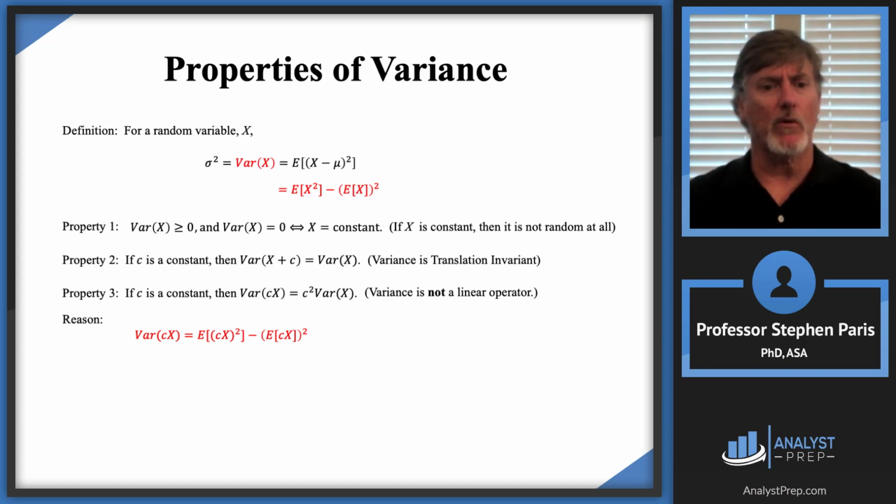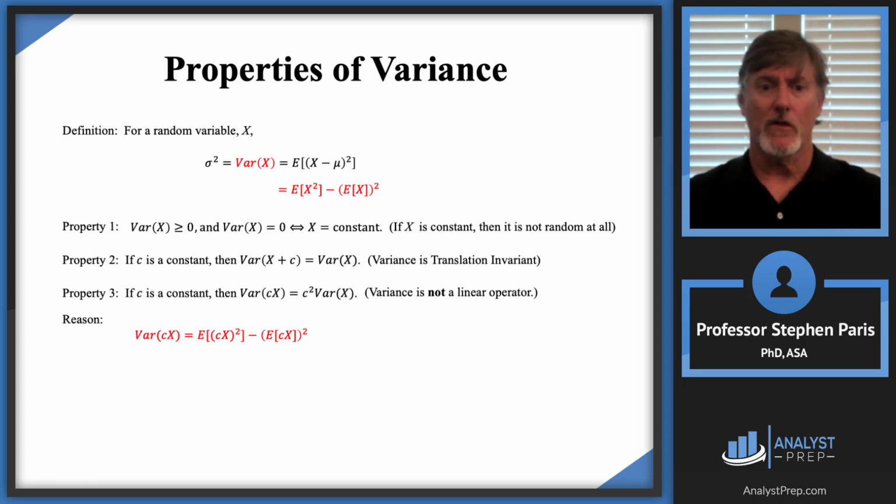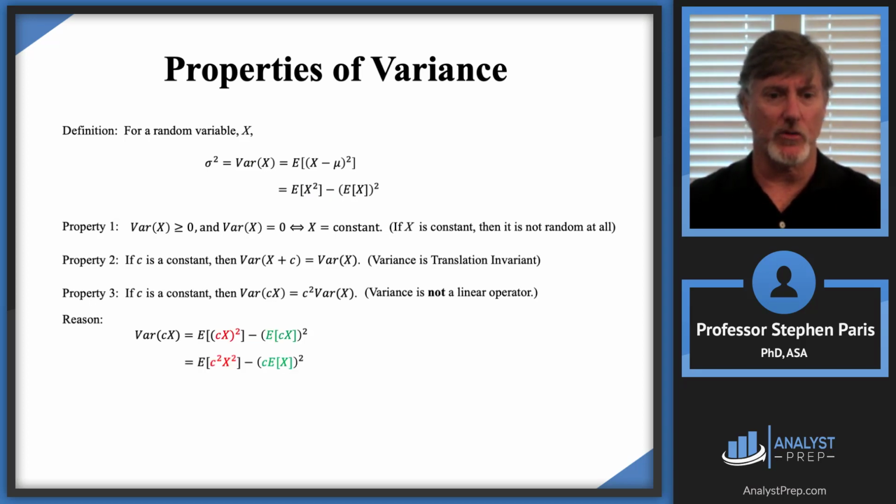So let's go through that thought process. Now I'm looking at, what would the variance of C times cap X be? I'm going to replace the random variable in red up above, replacing cap X with a constant times cap X. So the second moment would be the expected value of the square of C times cap X, and the first moment would be the expected value of C times cap X. Let me highlight some things in red and green so I can show you what I'm doing.